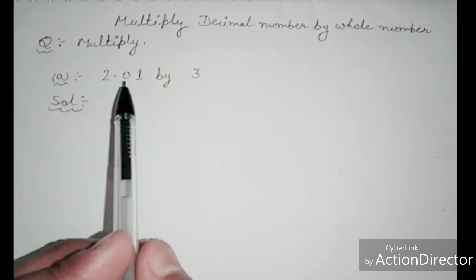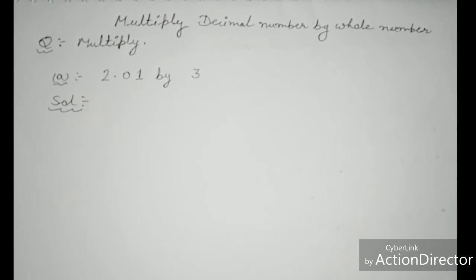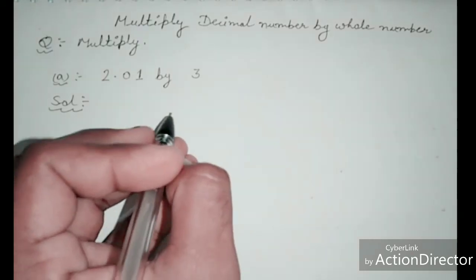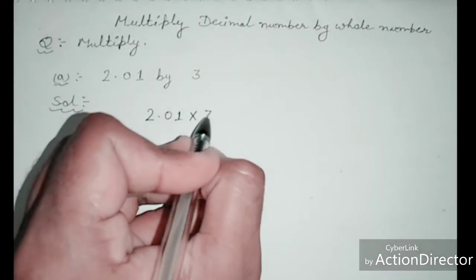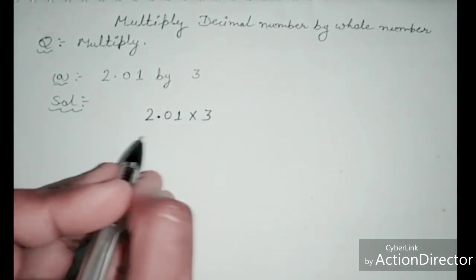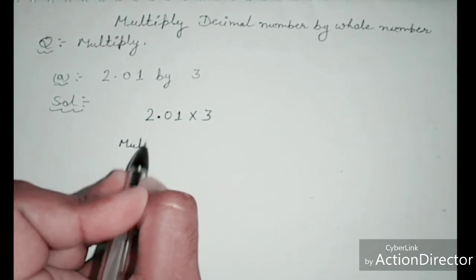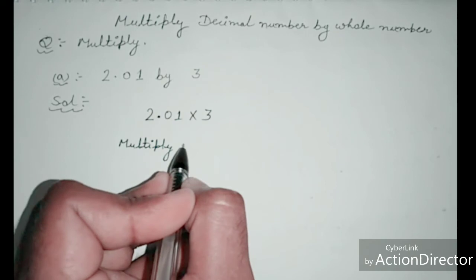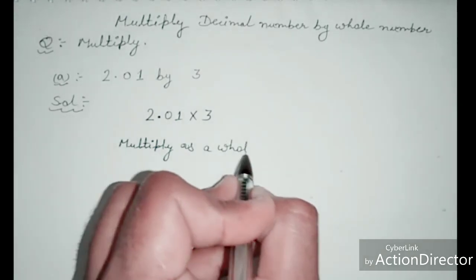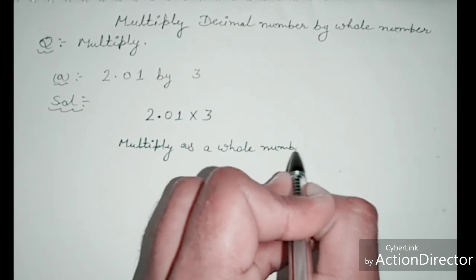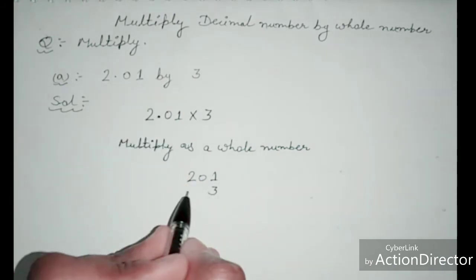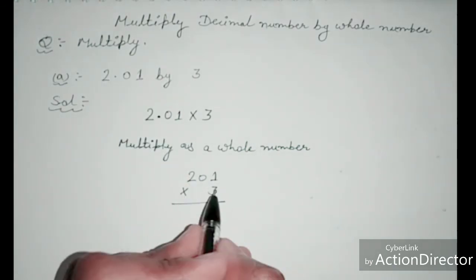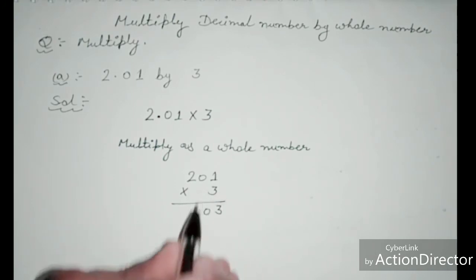Example number A, 2.01 multiplied by 3. So here first we multiply this decimal number as a whole number. Now 201, we remove the decimal from here and we multiply this number. 3 ones are 3, 3 zeros are 0, and 3 twos are 6.